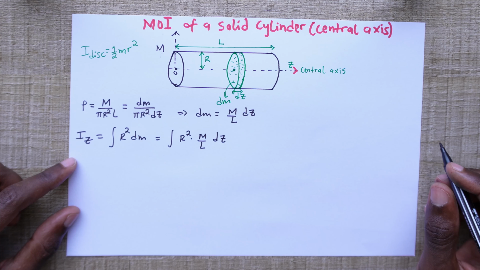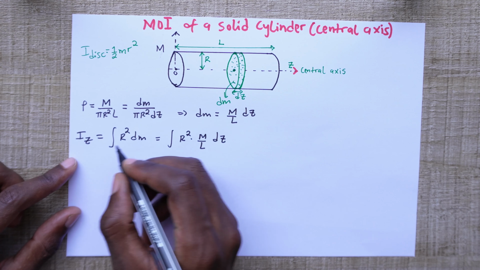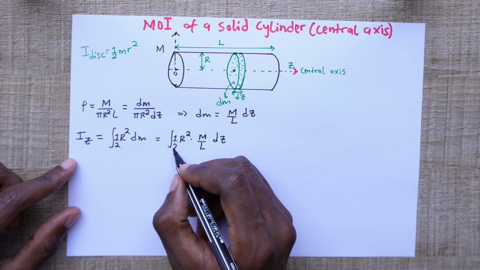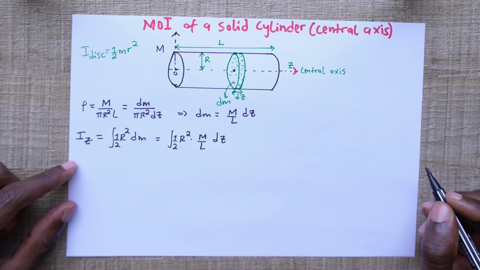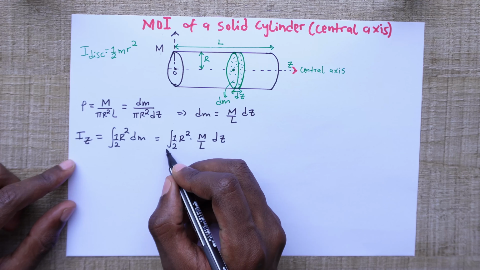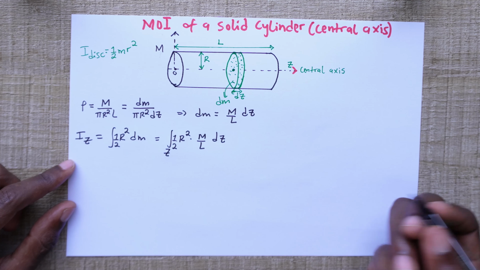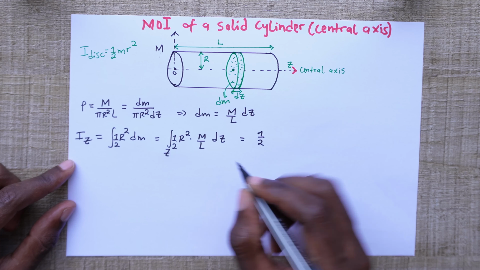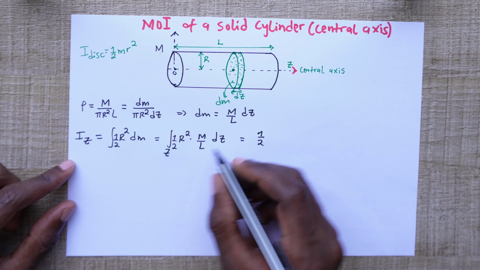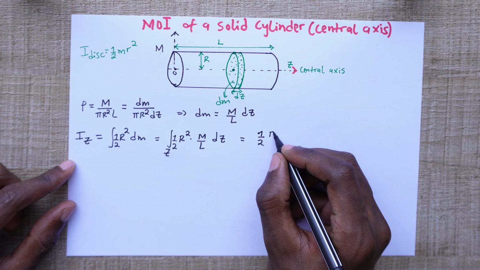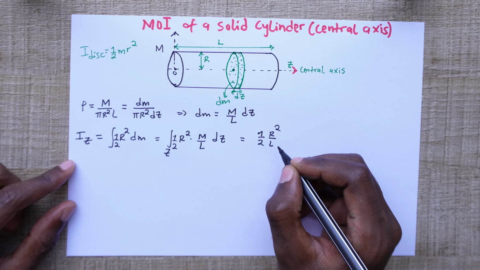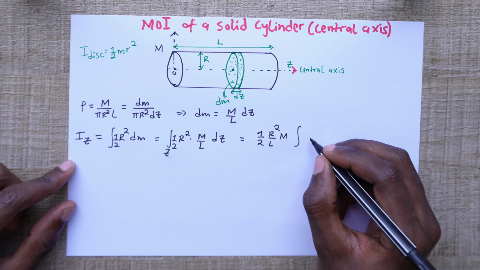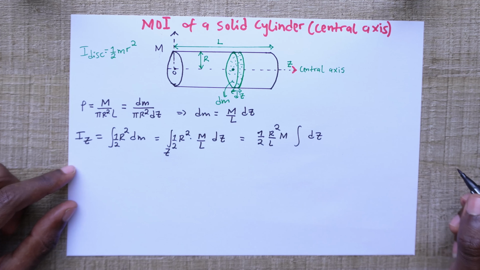What did I say? Half MR squared. Yeah, I forgot a half here, sorry. So this is a half here. Okay, so we integrate this over z. So this is going to be equal to, I can put the constants outside of the expression, so half R squared over L, and even M can go out of the integral sign, and here I just have the integral of dz.